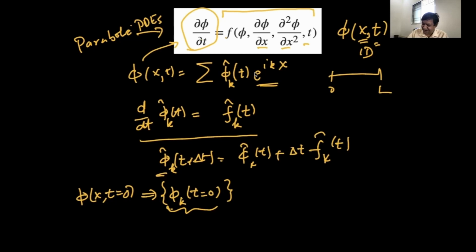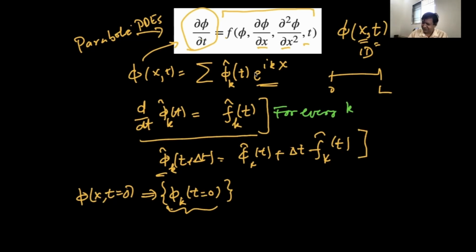So please remember that we'll have lots of equations. For every k, there is a differential equation. For every k we get an equation, and we just solve this set of equations.